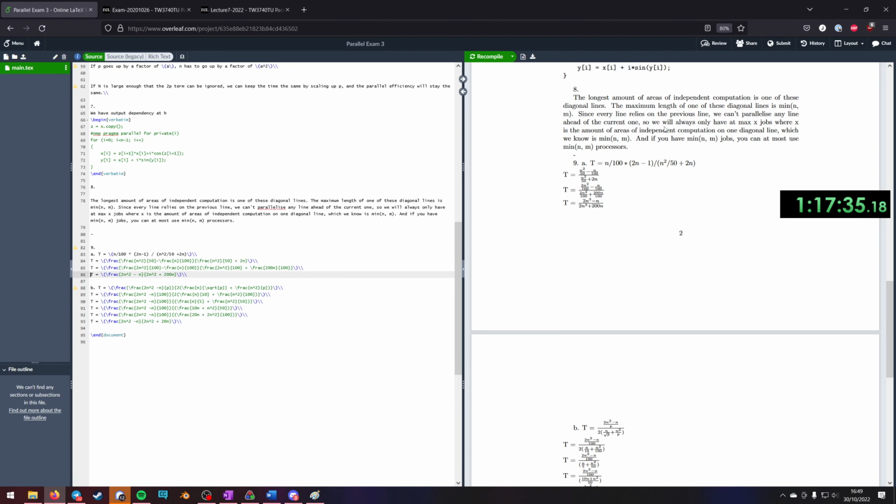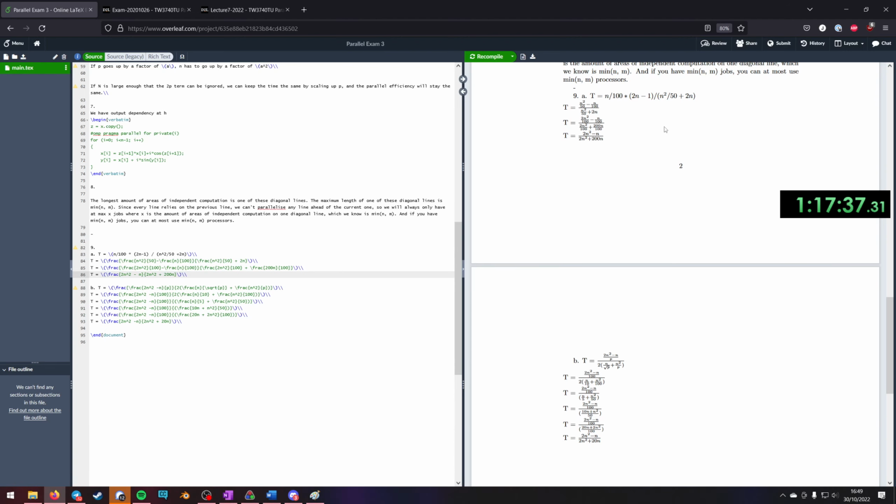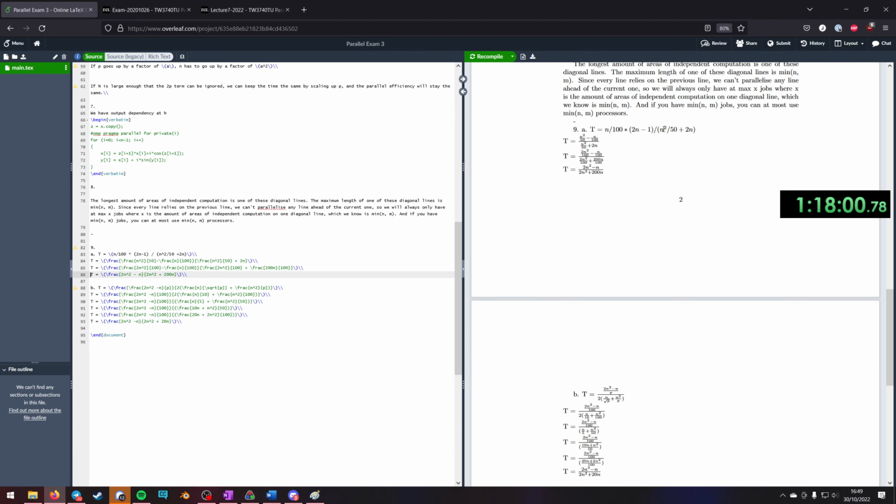Even if your processing time is very, very short, or your communication time is very, very short and the rest is very, very long, I still don't see why the block one would be better.